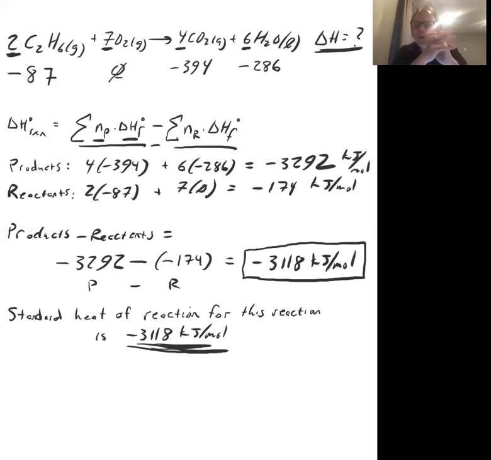So there are available big tables, page after page after page, of each compound that's ever been made and what its heat of formation is, its delta H is. So these values that I looked up here for C2H6, O2, CO2 and H2O, there are literally thousands of values for different materials.